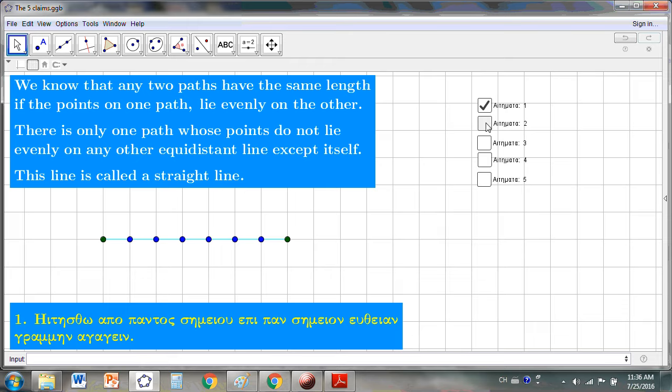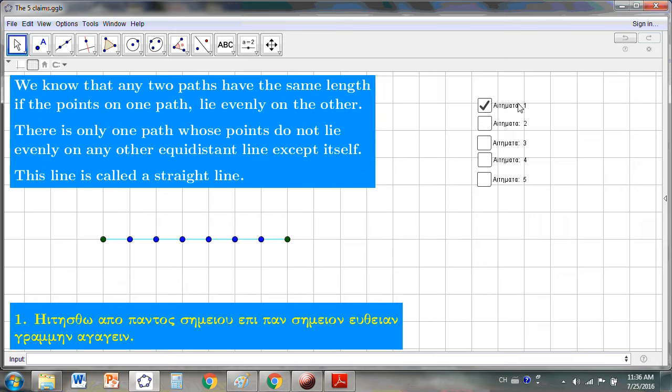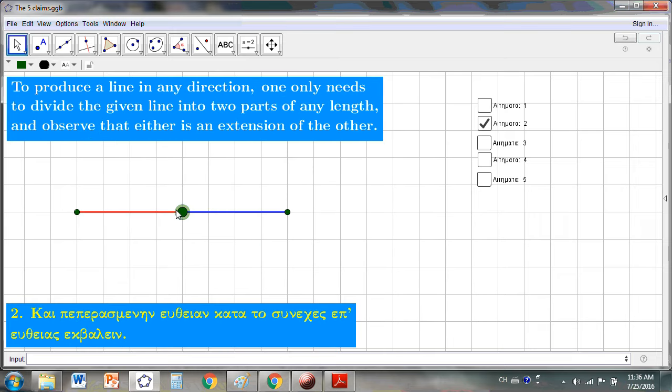Okay, let's revise the second one, and the second one states that you can extend the line in any direction. Well, this really follows from the first axiom, doesn't it? It follows from this one here. All you have to do is basically partition this line into two parts. They needn't be equal either.